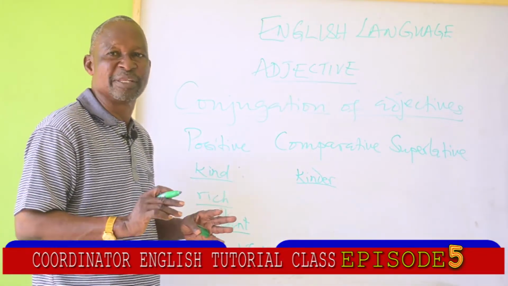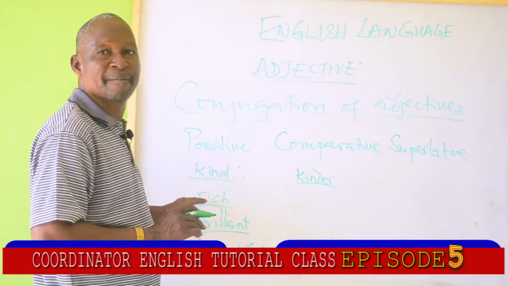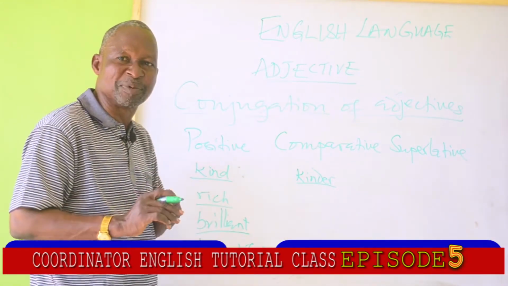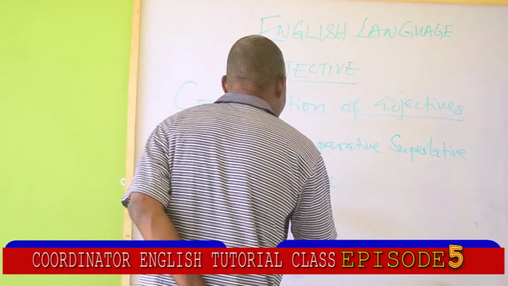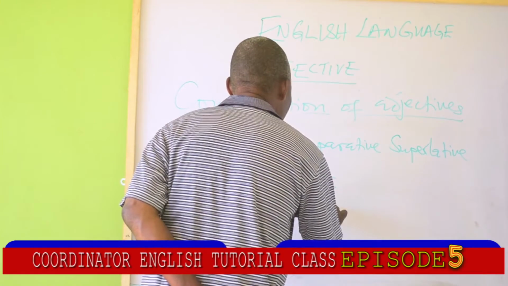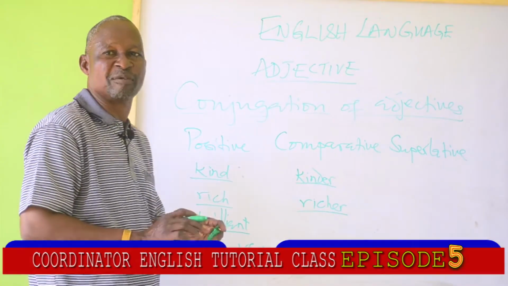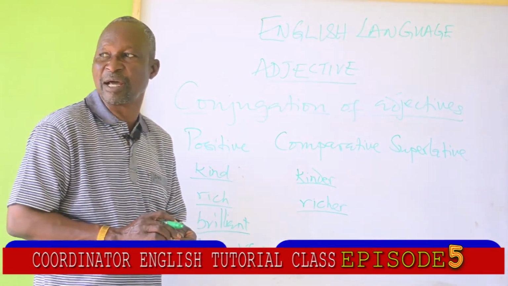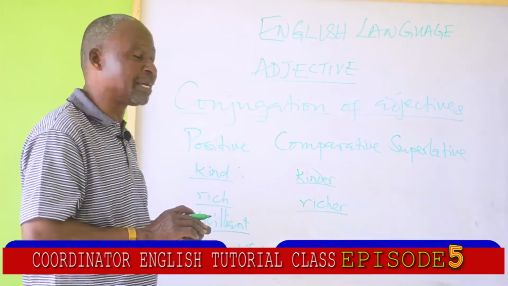There are now two. Absalom is richer than Tetema. We have two people there. Absalom is one, Tetema is another one.